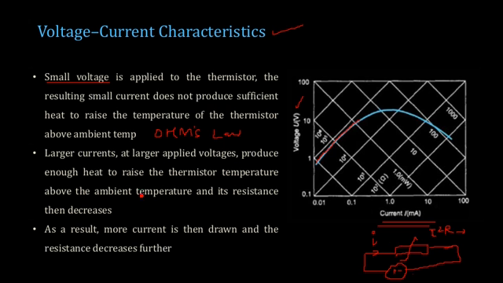Once the temperature increases, what happens? The resistance reduces, and once the resistance reduces, you will have larger currents still flowing, because the resistance is reducing while the voltage is increasing. So the voltage across the thermistor will rise to a maximum value and then decrease, because you have a heavy reduction in resistance, and the current is still increasing.